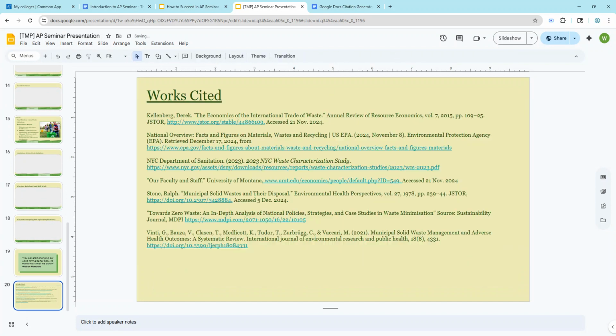Then, here you can see the works cited page. And of course, in your individual research report, you have much more works cited, much bigger reference page because you had to use even more sources. But remember, on the team multimedia presentation, you cannot use all the sources you want because everyone will have 10, 12 sources.